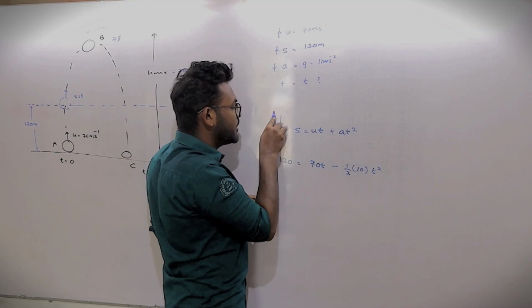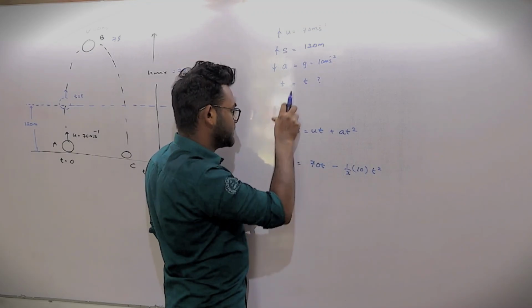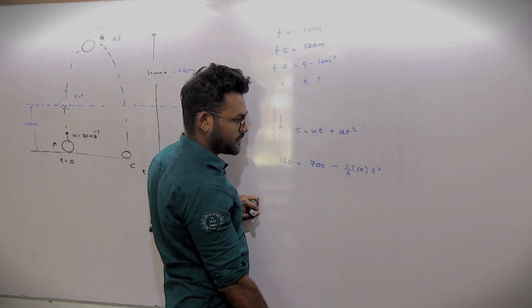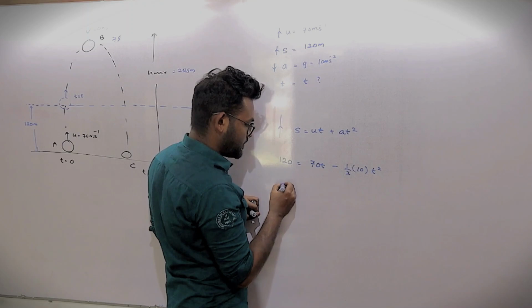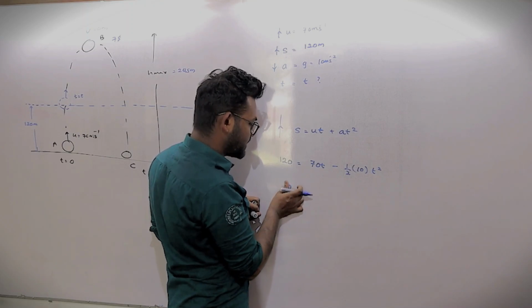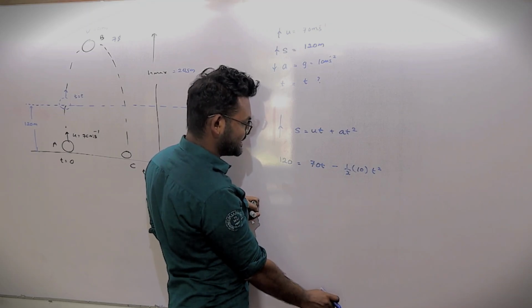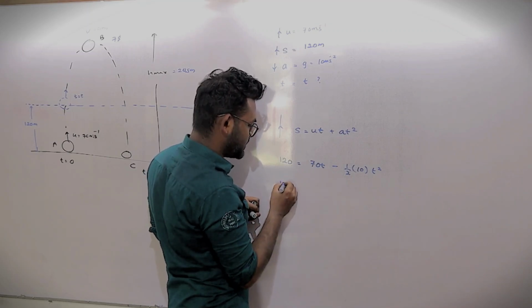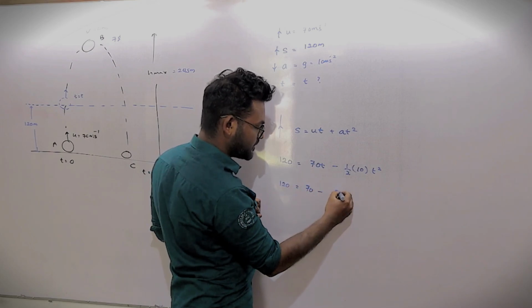I have considered it to be upwards, but the gravity is downwards. First, I can maybe cancel off 10, right? Or maybe equals 70 minus.